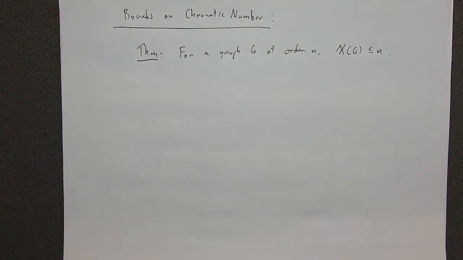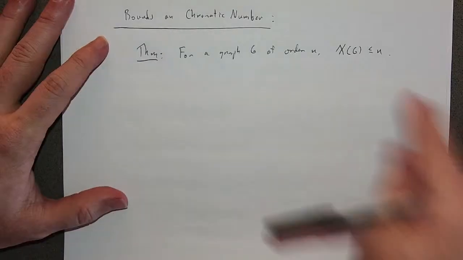Now that's not a super great bound because, of course, this is literally using a different color for every vertex. But this is required, of course, because of complete graphs. So complete graphs necessitate this sort of thing. Complete graphs, it turns out, are the only graphs for which this is sharp.